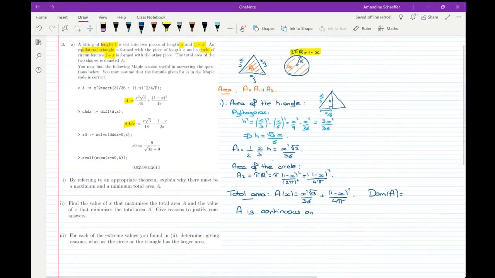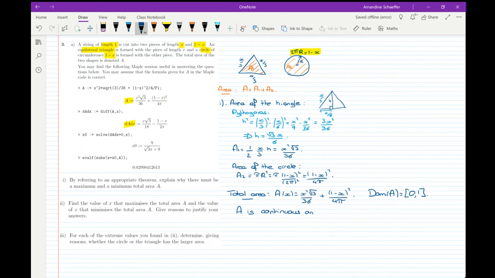So values for x, with a string of length 1, and then we have one piece of length x, one piece of length 1 minus x. Awesome. Oh, almost. So x is going to be between 0 and 1. Yes, exactly. 0 and 1 are possible as well. So we need to include the endpoints. Domain of A is [0, 1].